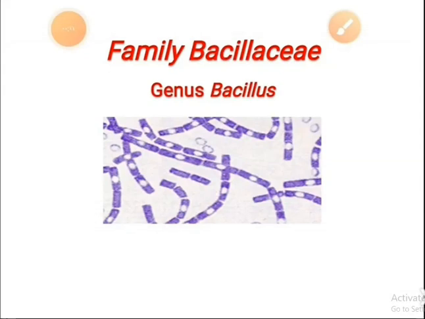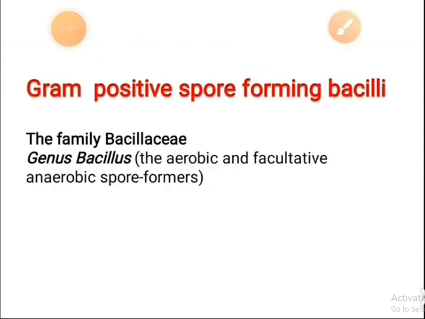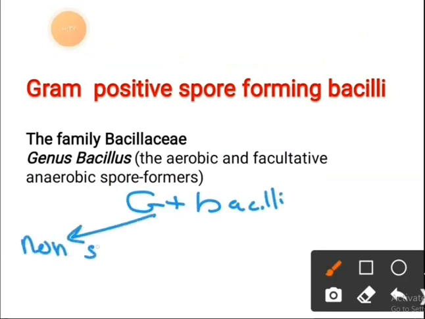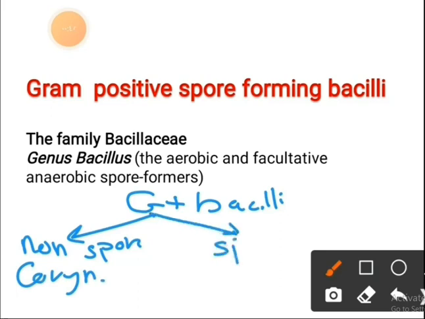As we know, the bacilli are classified into gram-positive and gram-negative bacilli. The gram-positive bacilli are further classified into non-spore-forming, as we mentioned the Corynebacterium and Listeria, and the spore-forming gram-positive bacilli.